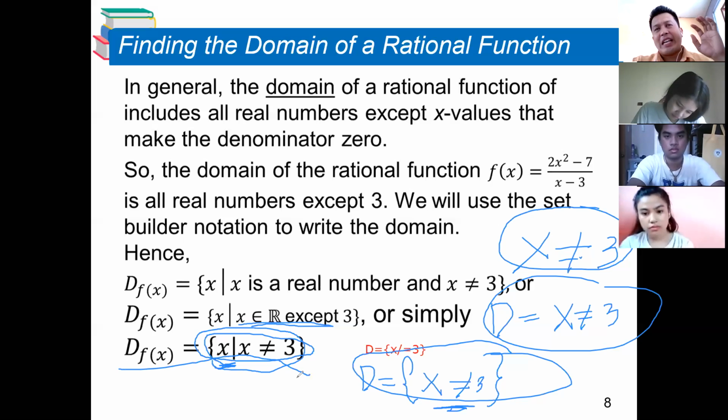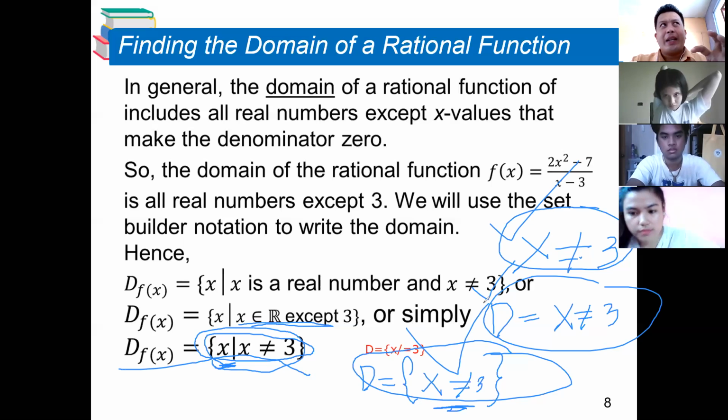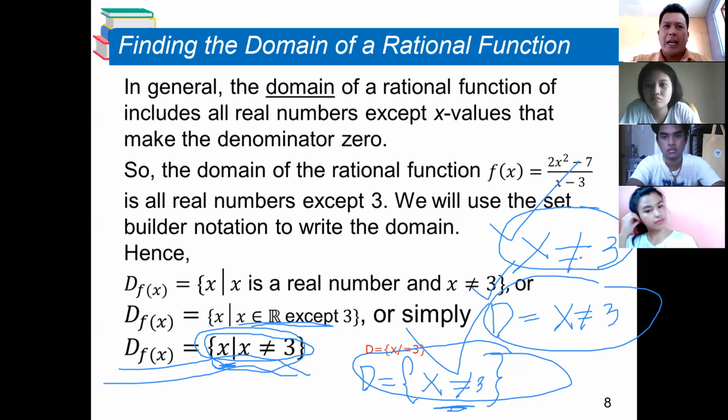But if the instruction says find the restriction that will make the denominator 0, or find the values of x that will make the denominator undefined, then that answer can be accepted. But if the word domain is mentioned, then you have to state it in set builder notation.